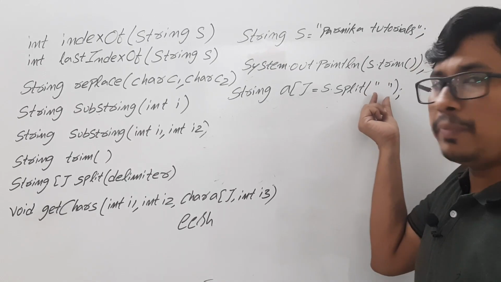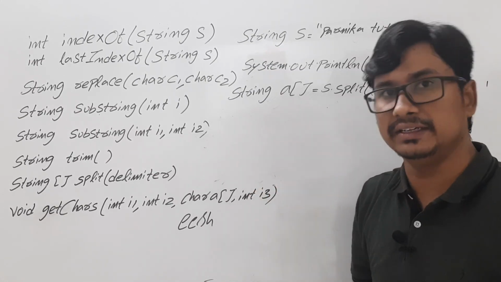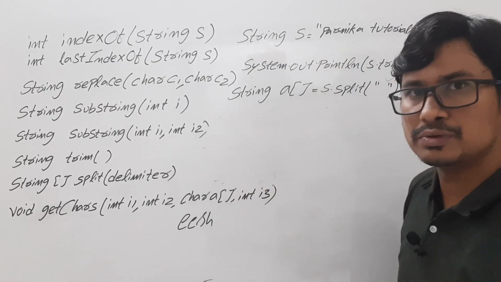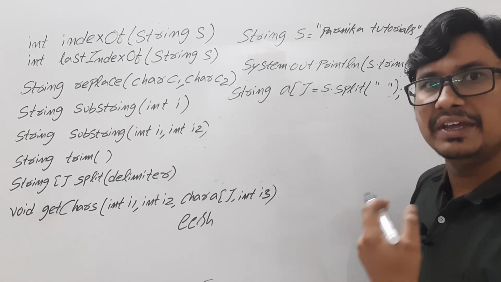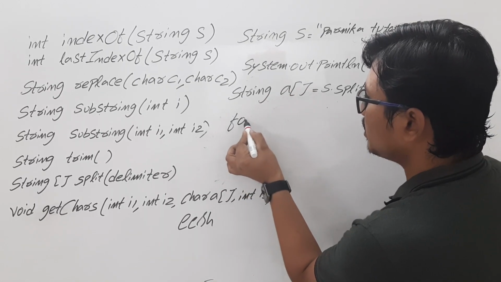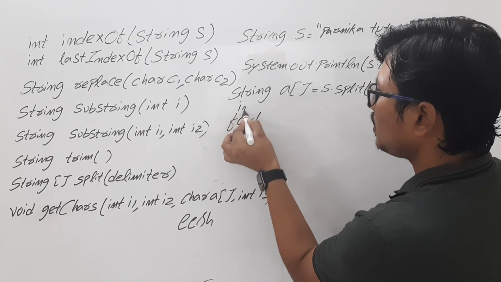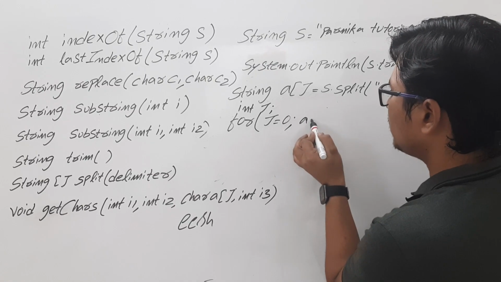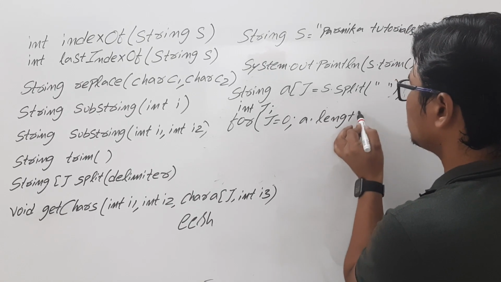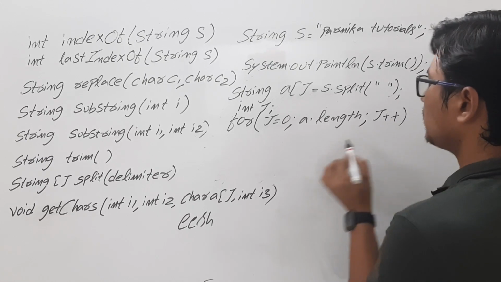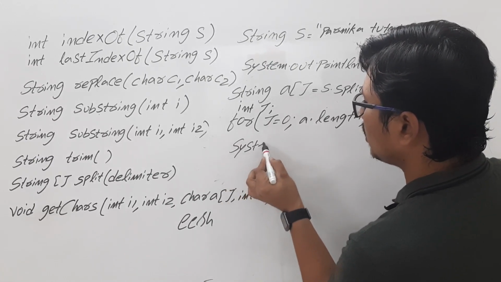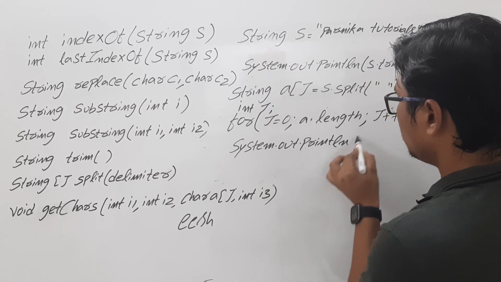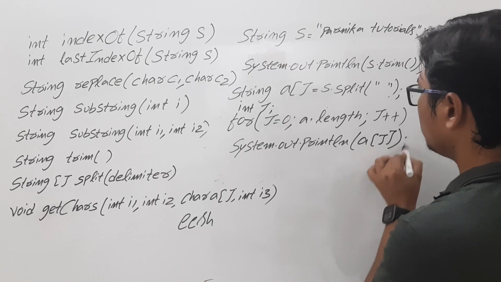Delimiter means what part you need to consider for splitting. If I give space, then it is absolutely fine. If I want to print the way it has been split, I can write like this. For int j = 0; j < a.length; j++, System.out.println(a[j]).